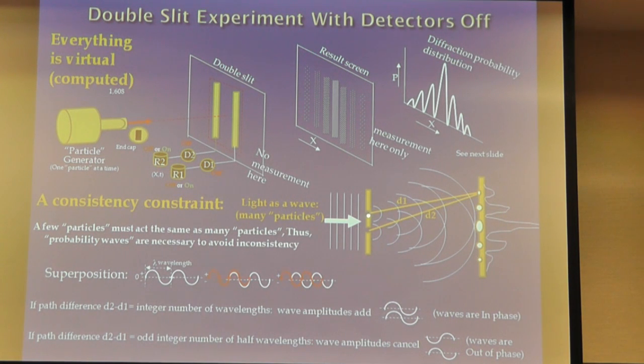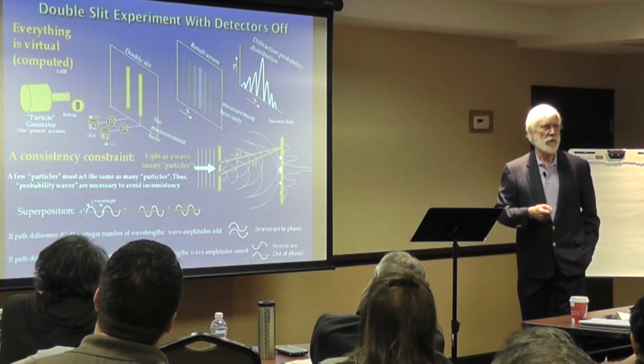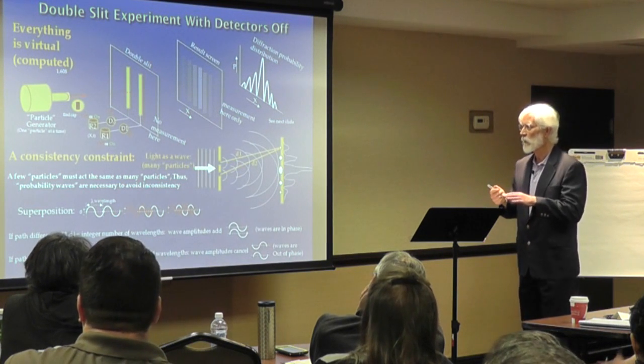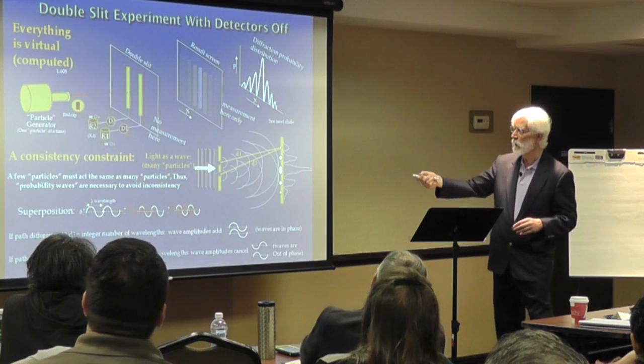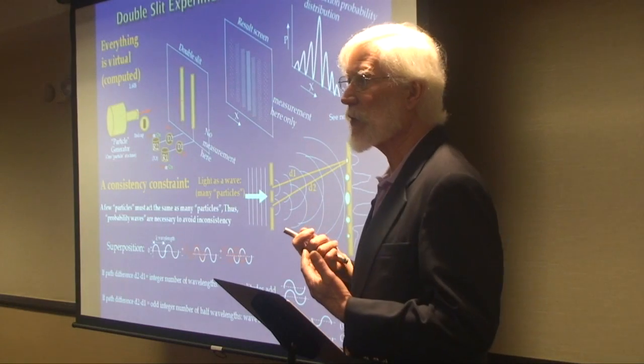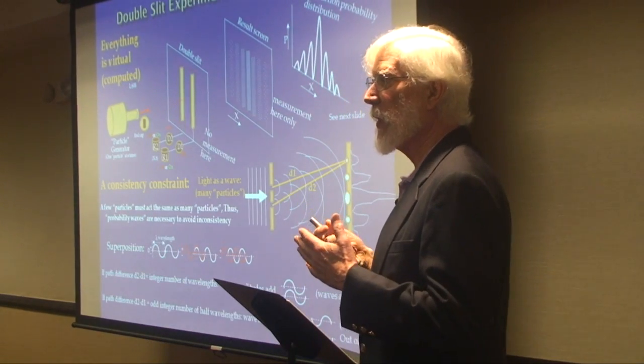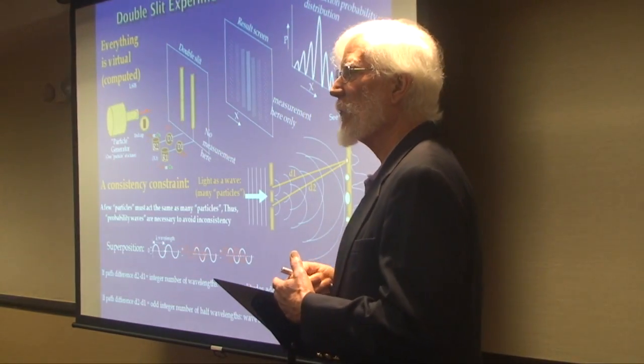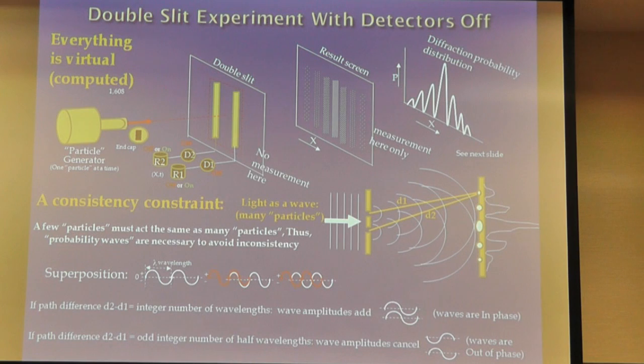Well, notice between these slits, you have distance 1 and you have distance 2, and distance 2 is longer than distance 1. Now, if the difference between those distances, which would be distance 2 minus distance 1, right? That's going to be the difference between them. If that difference is some integer number of wavelengths, then what happens is you get this sort of thing, right?